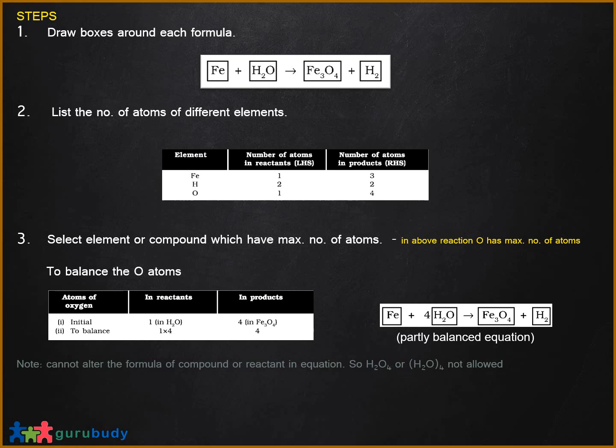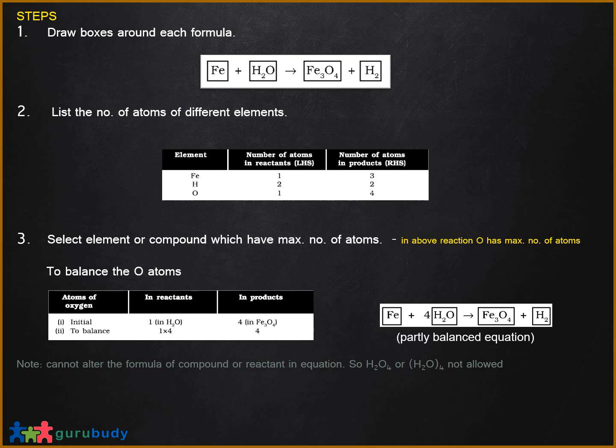As you can see in the box equation, I multiplied on the left hand side, the reactant side, only the water molecule by 4, because water is the only molecule there which has oxygen. So now the equation is partially balanced, because the other atoms are still not balanced, but we have the same number of oxygen atoms in the reactant and in the product.